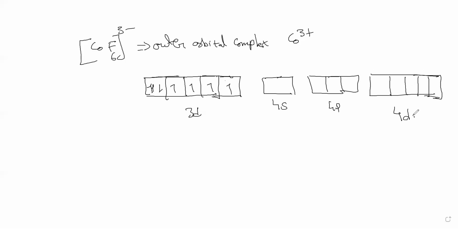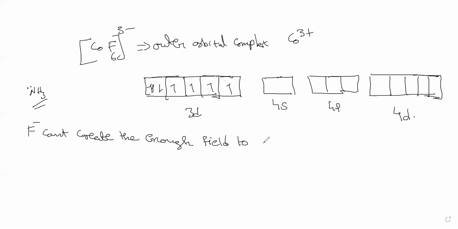Why do we have to consider 4d? See here, like the earlier case, the nitrogen in NH3 pushed the electrons back and did the forced pairing. But F minus can't create enough field to force pair.